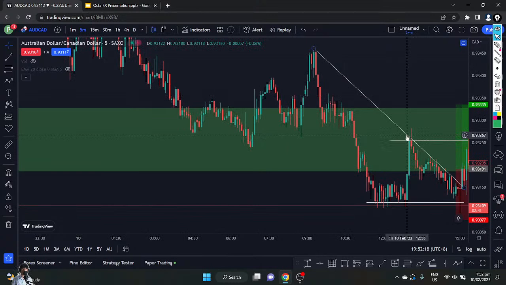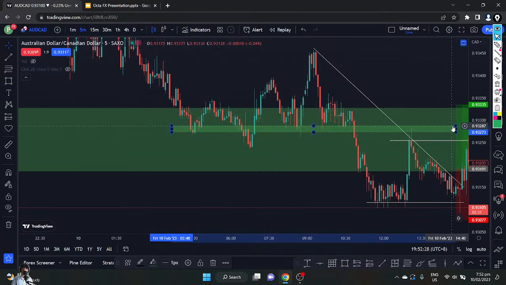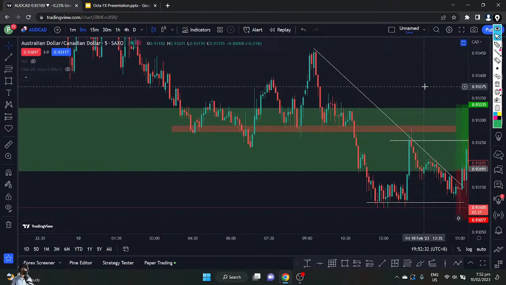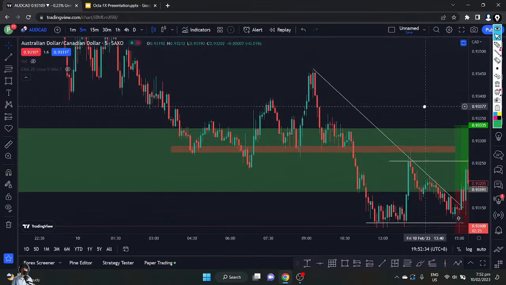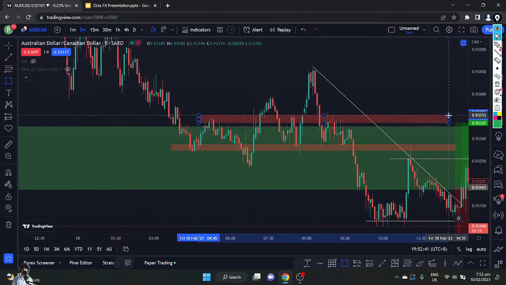Then we can look above it and see that we have previous support down here which could act as a resistance, or a target for our take profit level. And if you are conservative, then you can go above it because we have another resistance right here.